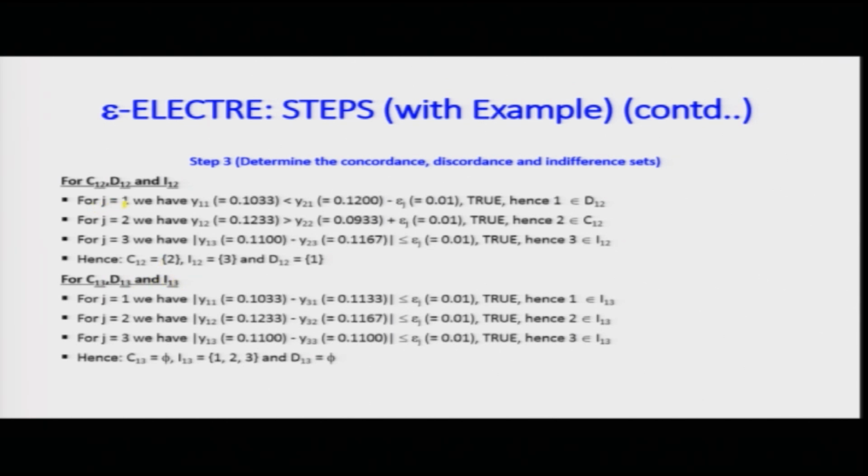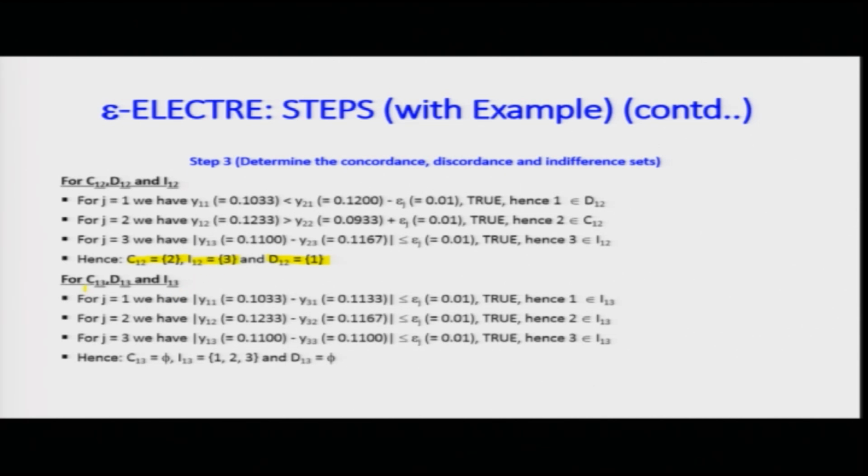So, the values for j equal to 1, 2 and 3 for C12, D12 and I12, please calculate considering epsilon fixed at 0.01. We have 1 belongs to the discordant set, 2 belongs to the concordant set, and 3 belongs to the indifferent set.